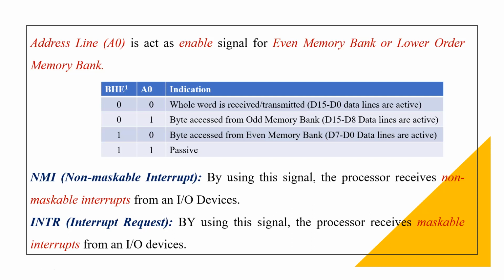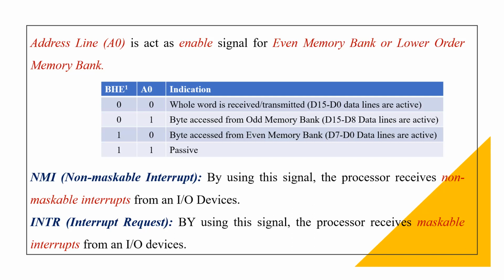In order to communicate with either the even bank or the odd bank, those banks should be enabled. The odd bank is enabled by using BHE bar, and the even bank is enabled by using the A0 signal. If you observe this particular table, when BHE bar and A0 both are 0, 0, we are going to communicate with two memory locations.